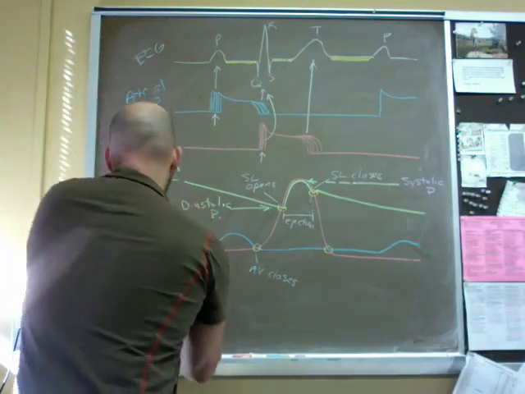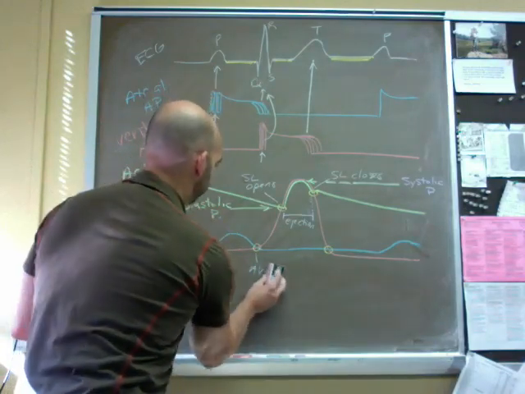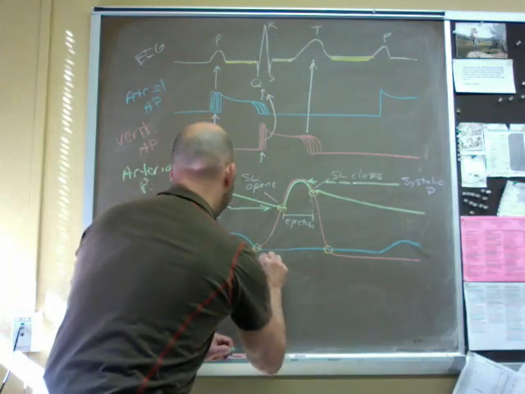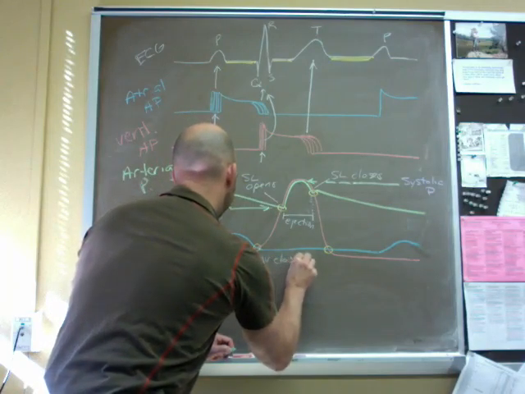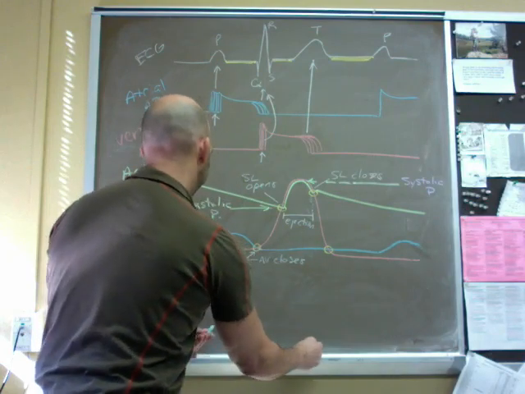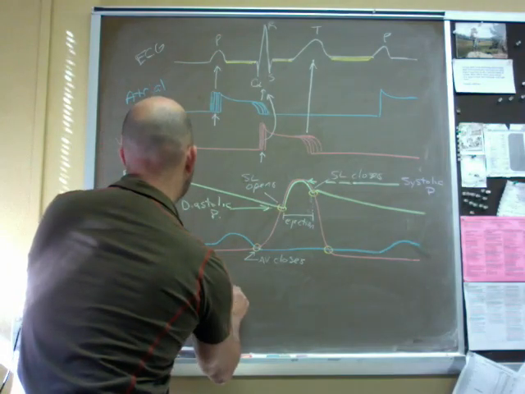And so our ventricular trace is going to do this. I'm going to have to put my label here. So after it closes. All right, so here's our ventricular volume going up and up and up.